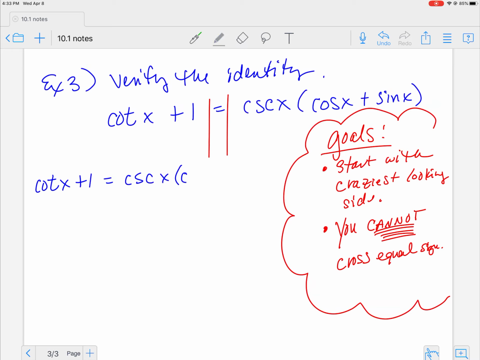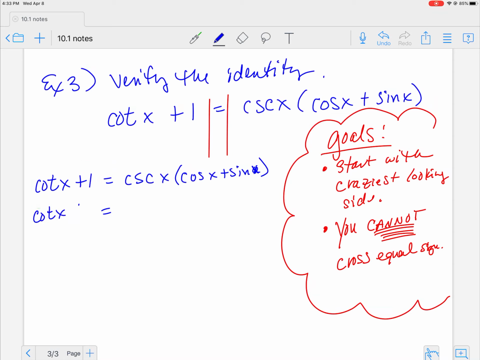So if I'm looking here, let's go back to blue. Cotangent x plus 1 equals cosecant x times cosine plus sine. All right, so I'm going to start over here on the right side because it looks the craziest. What's another way you can write cosecant? 1 over sine, good.